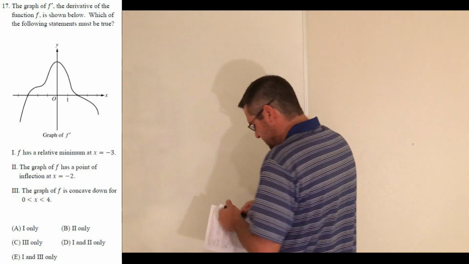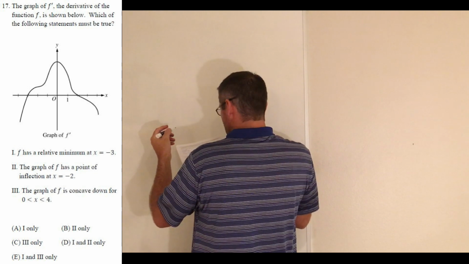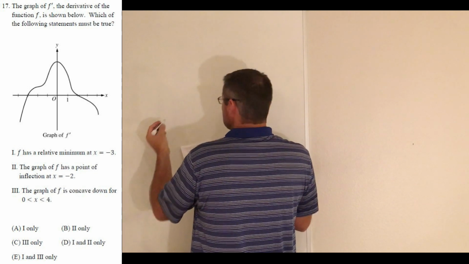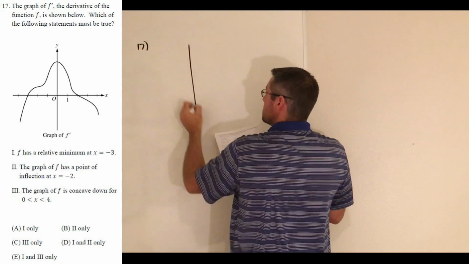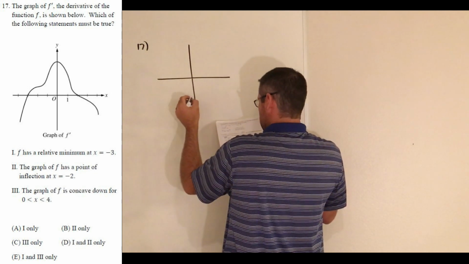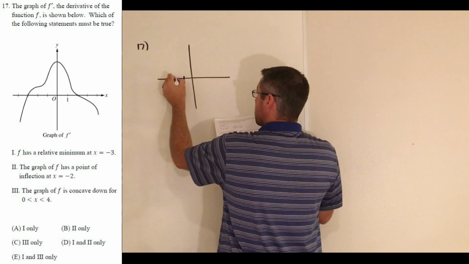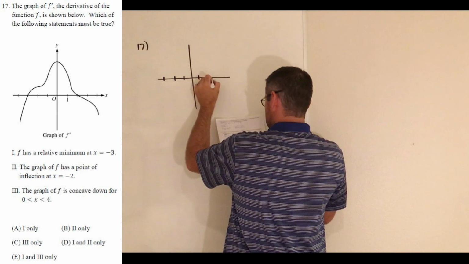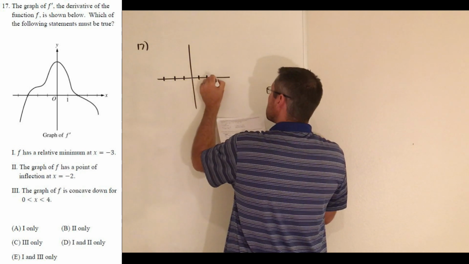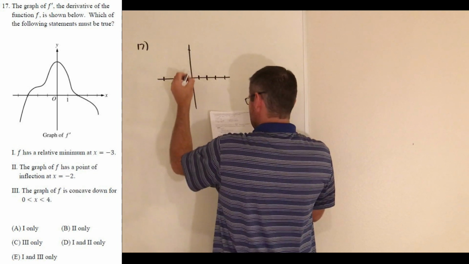So for number 17, we're given the graph of f prime, and we're looking for which statements are true here. So what I want to do is actually graph this function here so I can point at it. It's a little tough to graph, I guess. Oh boy, we got a lot going on. So we got a high point there.